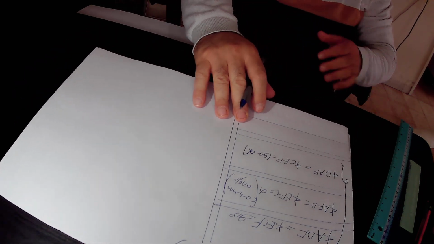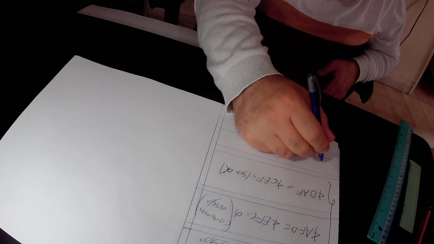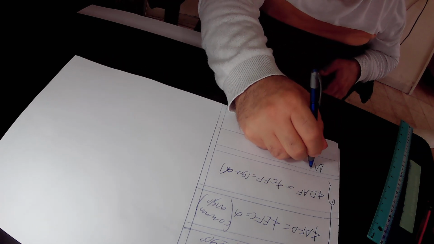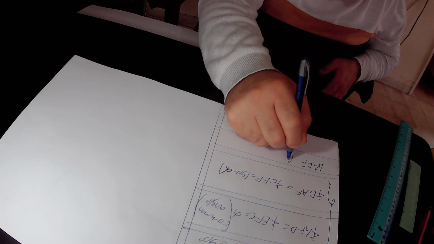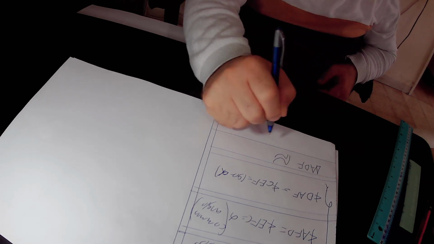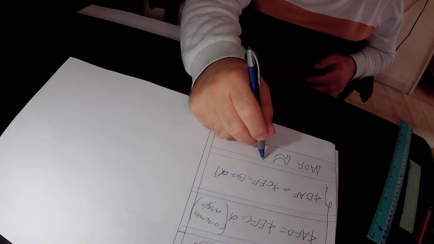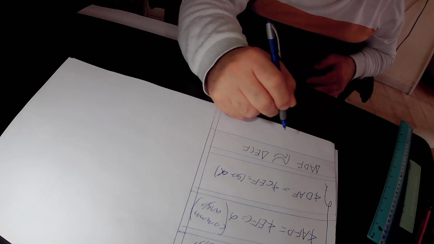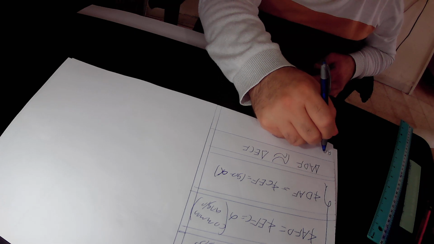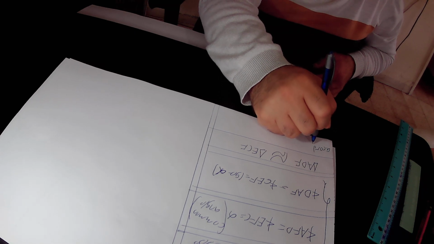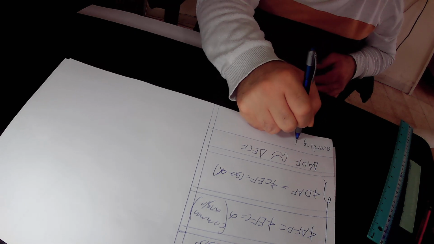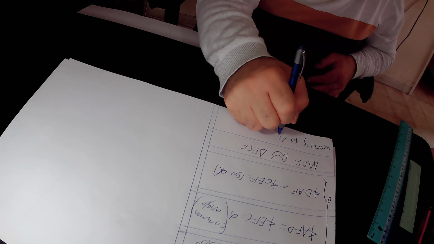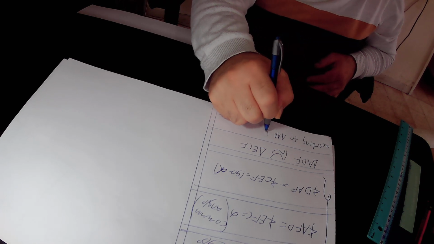We found out that the big right triangle, triangle ADF, is similar to the small right triangle, triangle ECF, according to the angle similarity rule.